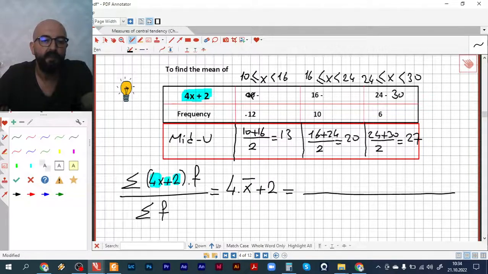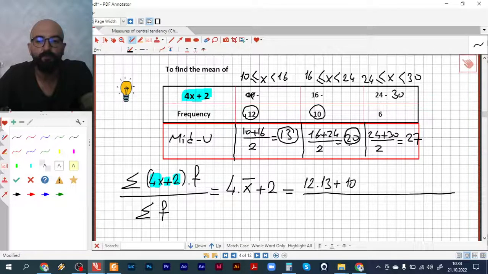We have 12 data and mid value 13, 12 multiplied by 13; 10 data and mid value 20, 10 multiplied by 20; 6 data and mid value 27, 6 multiplied by 27, over the sum of frequency 12 plus 10 plus 6.